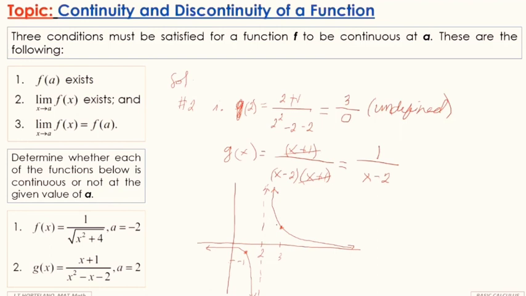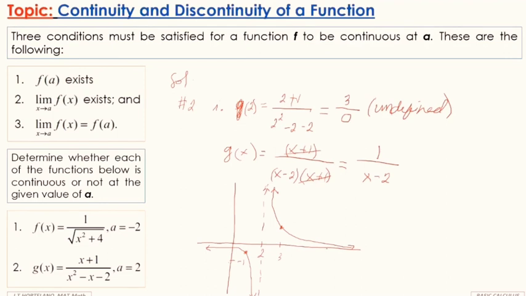This is a non-removable infinite discontinuity. I hope you got it. That is a simple example of limits, continuity and discontinuity of a function.